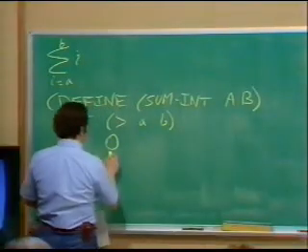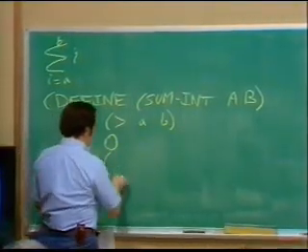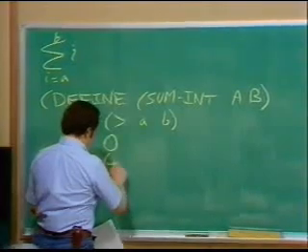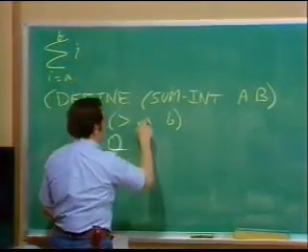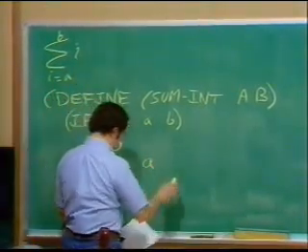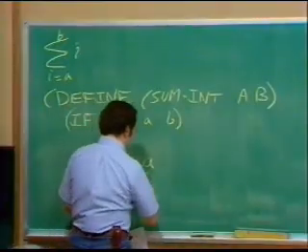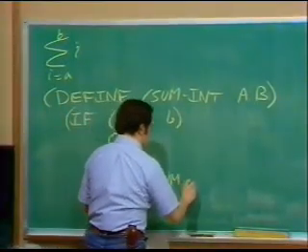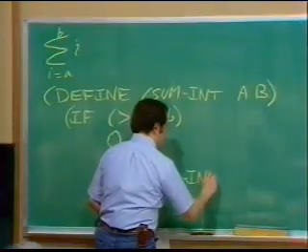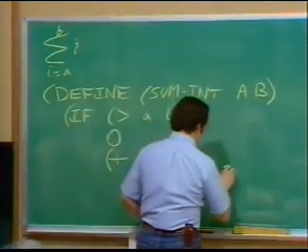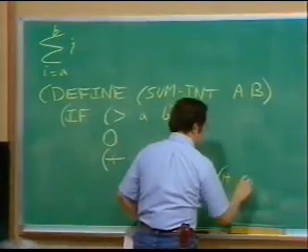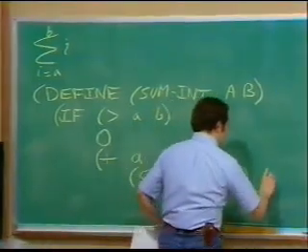So the easiest way to do this is say that I'm going to add the index, which in this case is A, to the result of adding up the integers from A plus 1 to B.